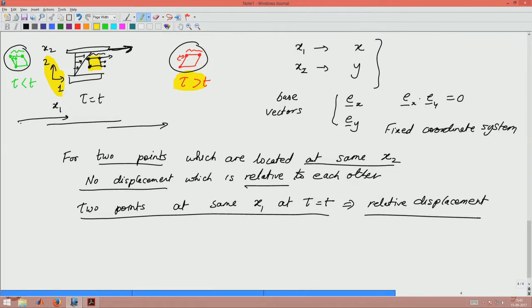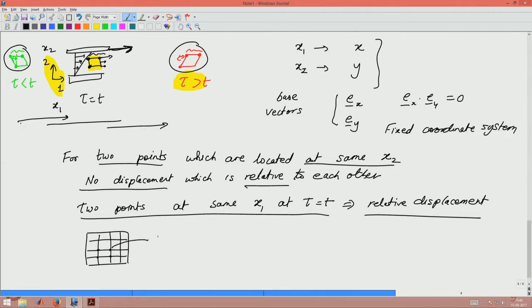Now, this present coordinate system which I embedded into this material, I will pick each and every material point here and actually label the material point.